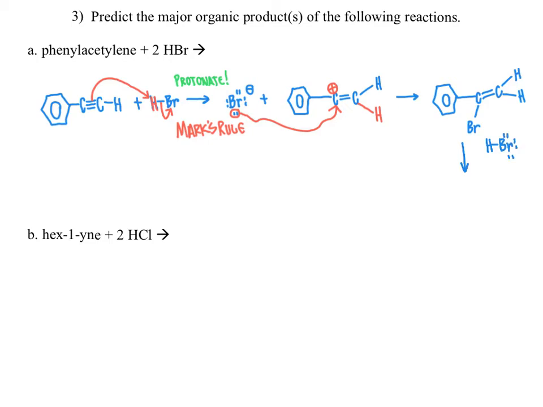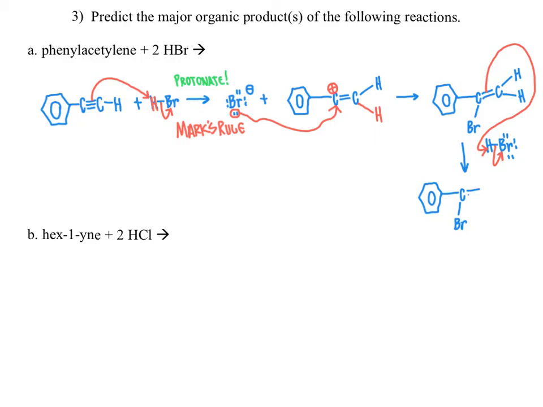So in other words, what's going to happen is that the pi bond from the alkene is going to come in, grab a proton from the acid. That forces the bond between H and Br to break. And with the bond between H and Br breaking, we get protonation of our molecule here.